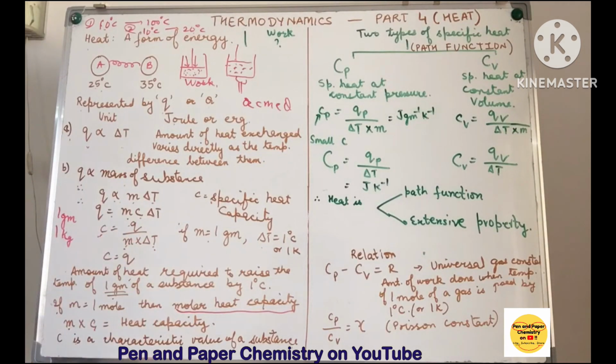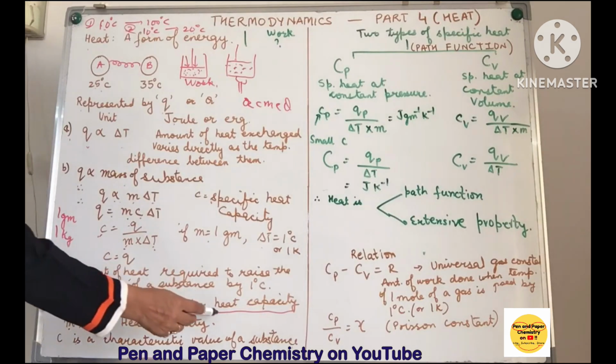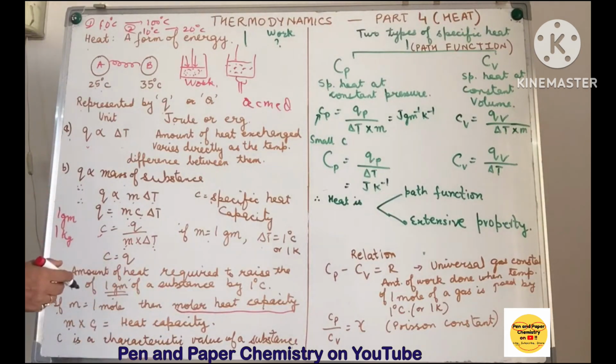As simple as that. And in such a case, what we do is we put a subscript m. So when I say Cp, I have here C, specific heat capacity, and I put a small m as the subscript, indicating that we are talking about molar specific heat capacity.